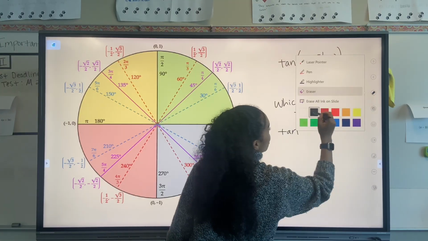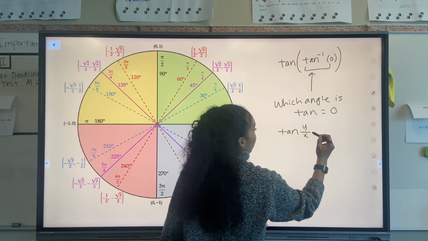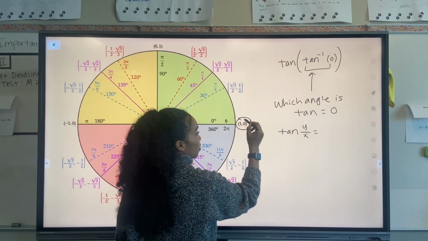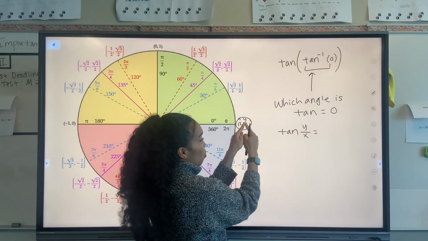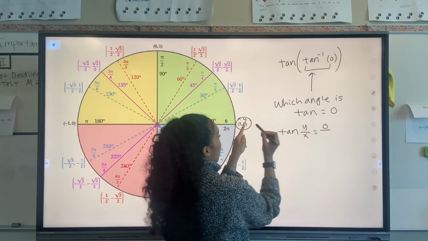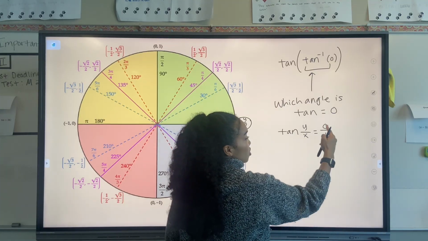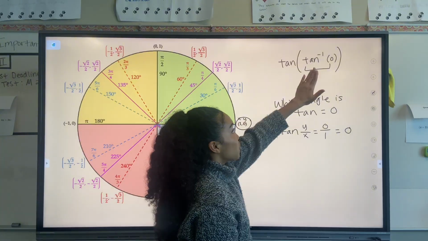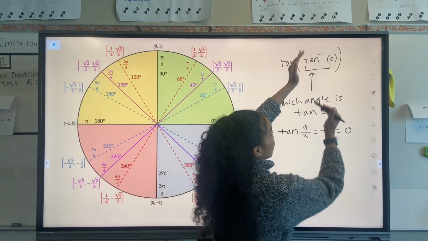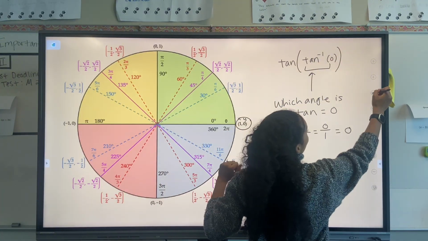Remember, tangent is y over x. So right here at 0 degrees, the y value is 0 and the x value is 1. 0 divided by 1 is 0. So that means the answer to the inside is 0 degrees.